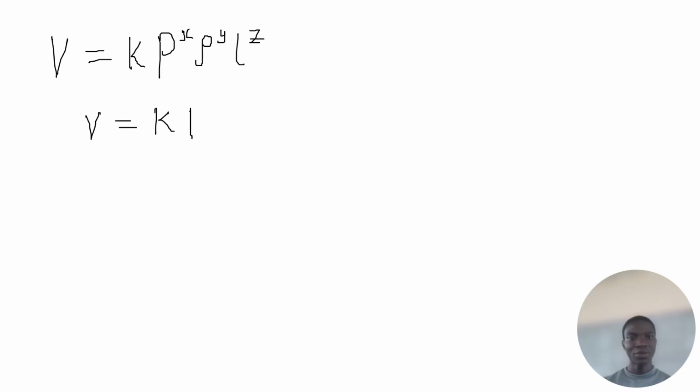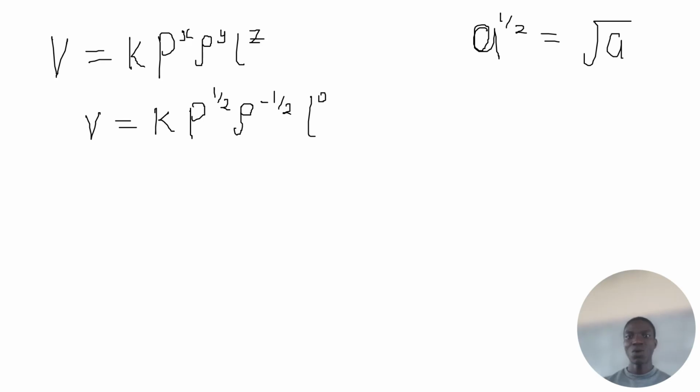Now p raised to power x is 1 over 2, good, and rho density is raised to minus 1 over 2, and L is raised to power 0, right? And this should give us, according to one law of indices, a raised to power 1 over 2 is the same thing as square root of a. Why? a raised to power minus 1 over 2 will be 1 over square root of a.